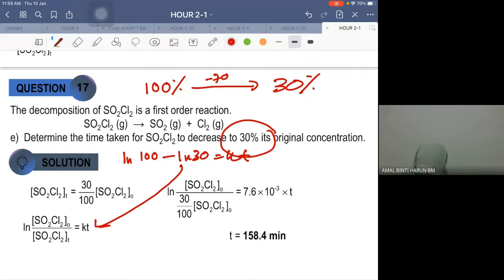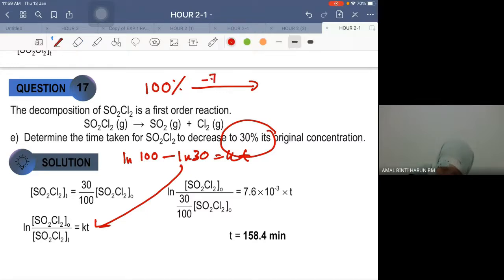30% of its original concentration. Maksud 30% of its original. Kalau initial dia 100, 30% of its original. Macam terbalik je. Okay, you buat apa?